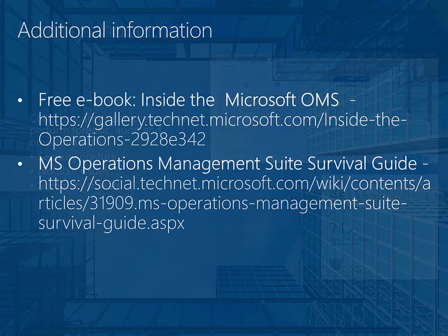Some good additional information. A lot of the stuff we will do today, especially around automation, is from this ebook, which is available on the internet. This presentation is recorded, and you will get all of it, so don't try to write down the URL. But if you want, just type into your preferred search engine Inside the Microsoft OMS.